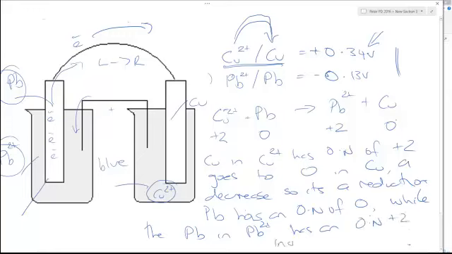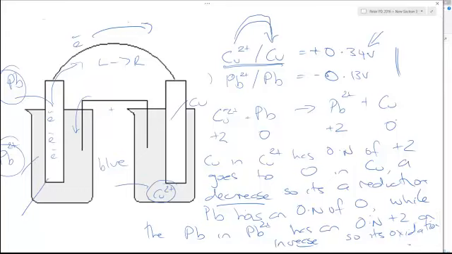It's an increase, so it's oxidation. So just be specific with what you're talking about, and always mention decrease or increase when you're talking about this to show you know what's happening, and then link it to the process involved.